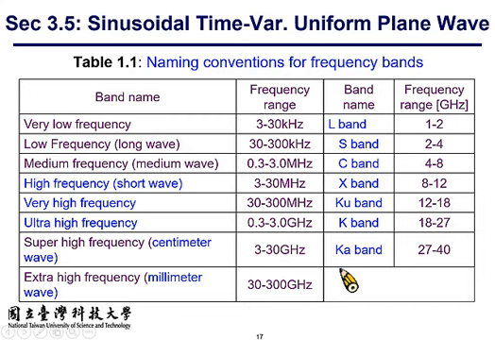However, because the lower bands are already occupied, we need to go for higher frequencies. Academia already goes for millimeter wave, terahertz wave, something like that, but commercial use is barely catching up, mainly because of the cost.